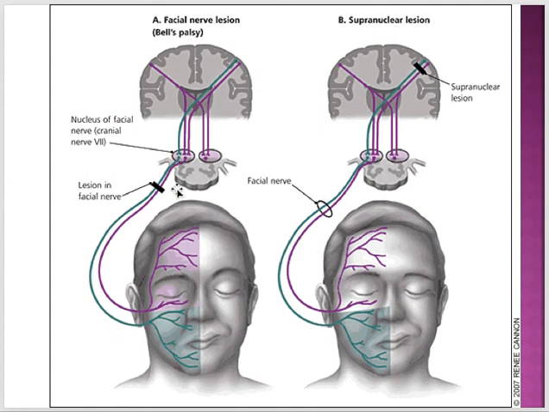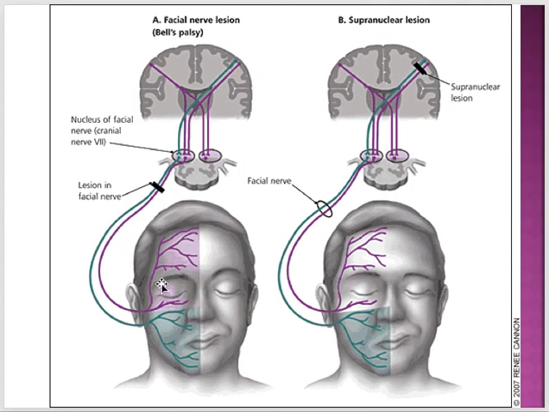ipsilaterally, and then once it enters the CNS, it crosses over and goes to the opposite side. So what it means is the facial expression of the lower half of your right side is controlled by the left side of your cerebral hemisphere. Very easy, right? Contralaterally innervated.